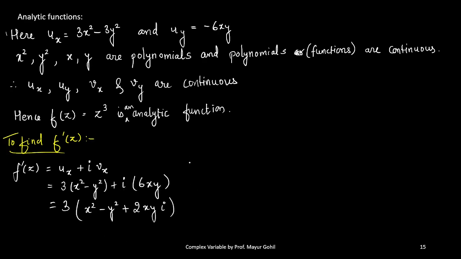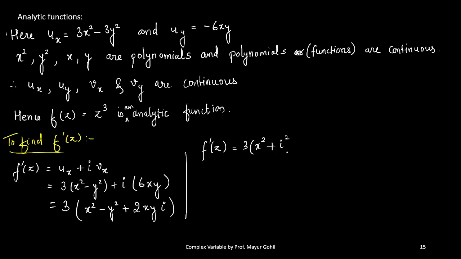Okay, now what to do? This minus y square, this is a very important step. I'll just put a star in the next step, see. So how it is done, f dash of z further can be treated like this, 3 times x square, and now this minus can be written as i square.